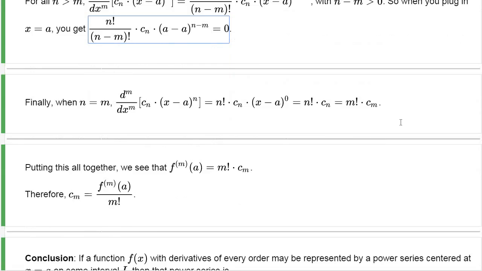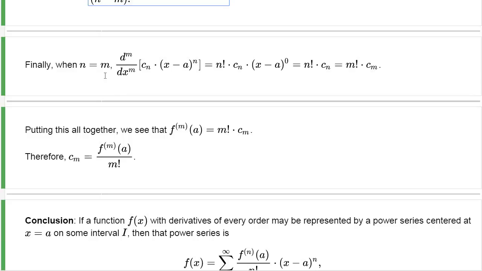The only time we don't get 0 is when n and m are the same. So we have the mth derivative and we have the mth power here. That means that as you reduce the power by 1 each time, you get down to the 0th power, and you get that this mth derivative is m factorial times c sub m.